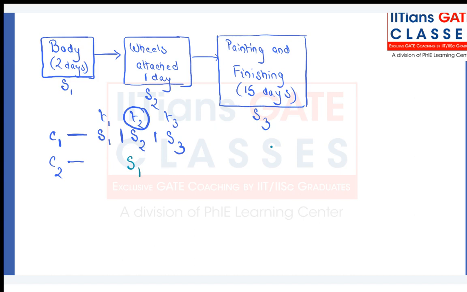You can, right? And once car 1 is doing the painting and finishing at time T3, the unit that handles attaching the wheels is now free, so you can send car 2 there. And then car 2 comes out in T4. Okay, let's say car 3.